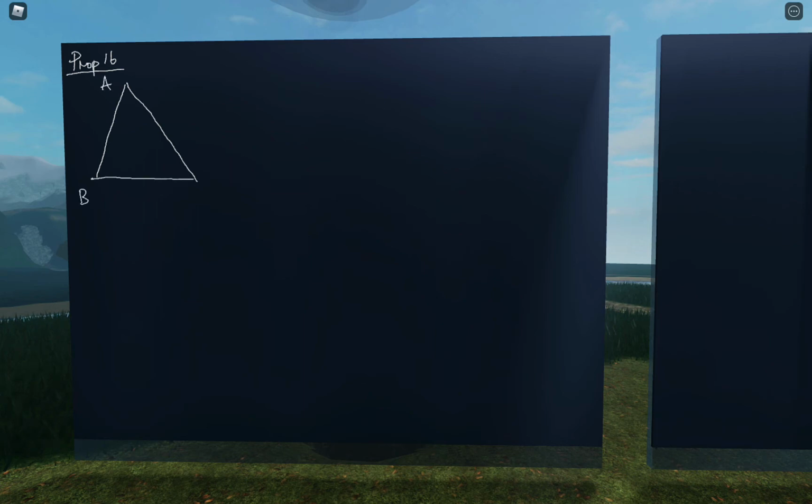So the statement is, I kind of verbally said what Euclid said informally, so I'll give the formal statement now. Let ABC be a triangle. We want to extend BC to a line BD, so I'll do that right now. Extend it to line BD.